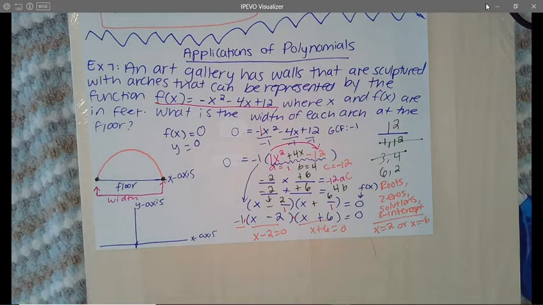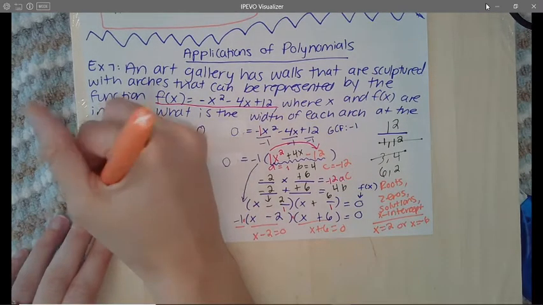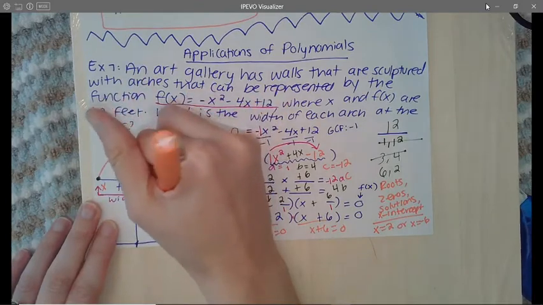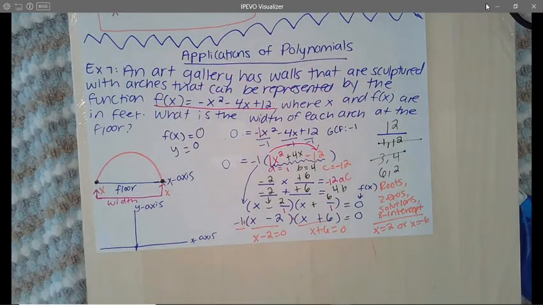So to figure out the width of the arch, these values are your x-intercepts. They go on the x-axis, which I have right here on another coordinate grid so we can graph it and see how far apart our two x's are. The distance in between our two x values will tell me the width of the arch at the floor.